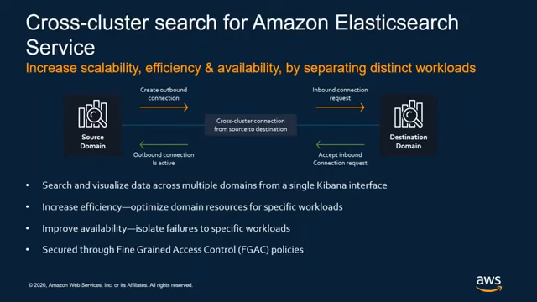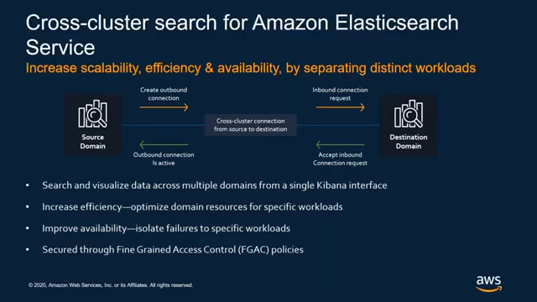So one of the recent introductions that help you with your scaling activities is cross-cluster search for the Amazon Elasticsearch service. This gives you increased scalability, efficiency, and availability by separating distinct workloads, and it works like so. Let's say that you have an Amazon Elasticsearch domain and you have a lot of search applications residing in the domain, effectively multi-tenant search applications.